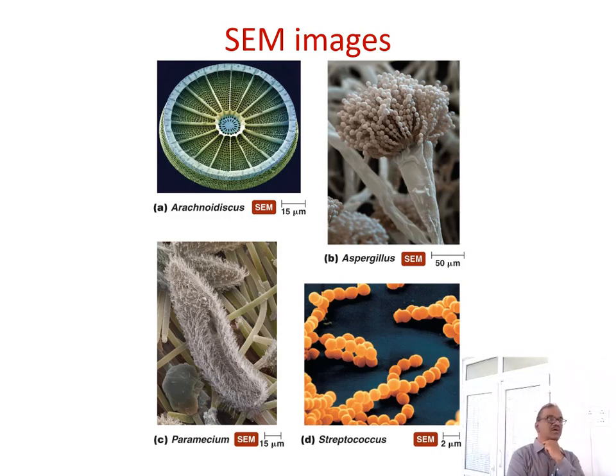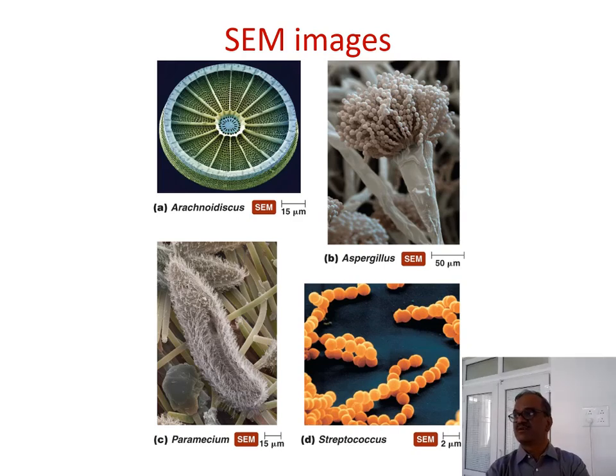It is a very small organism, but you can see how brilliantly they are able to capture various stages of the fungus Aspergillus, or Paramecium, or Streptococcus bacteria. It is on the surface; but if you want to see the inner details, you have to go for TEM.